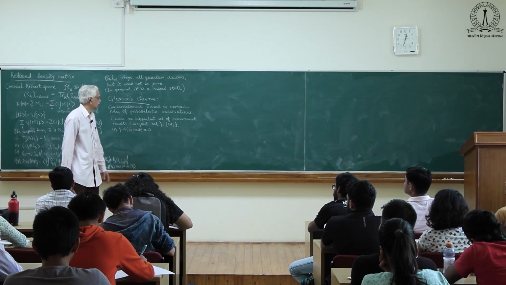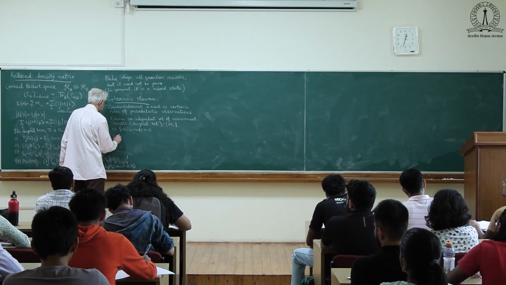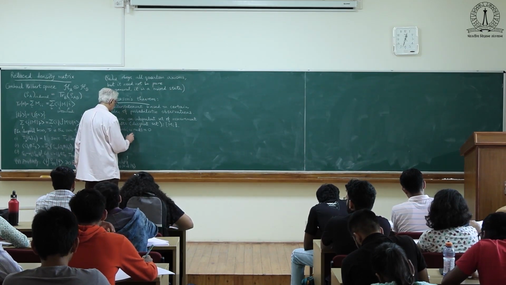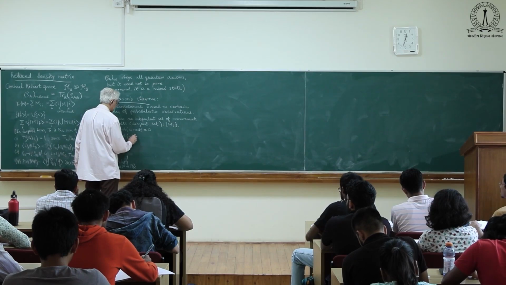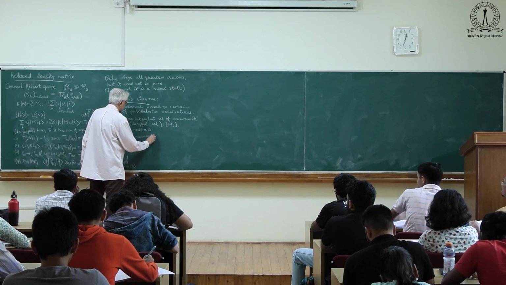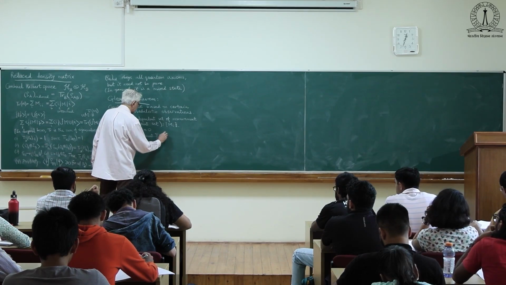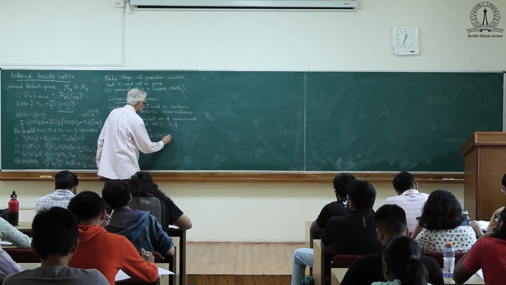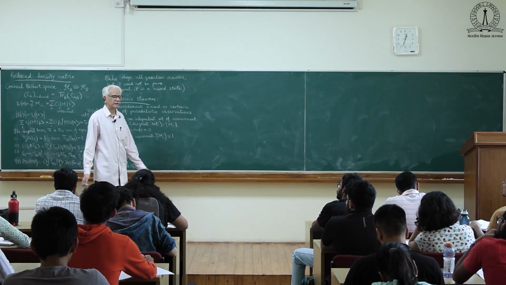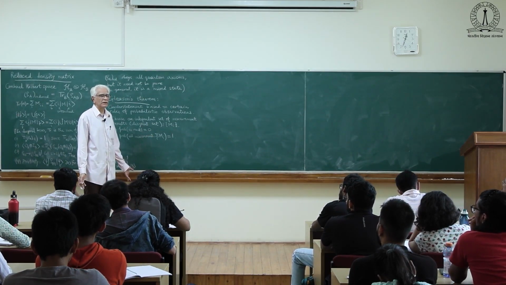Empty set, you are not counting any of the possibility at all. Kind of trivial. The probability of all measurements, which means the sum over i of Mi, is equal to 1. Count the probability of all possibilities, it is 1. These are kind of trivial things. By definition of probability, you want to have such a thing.